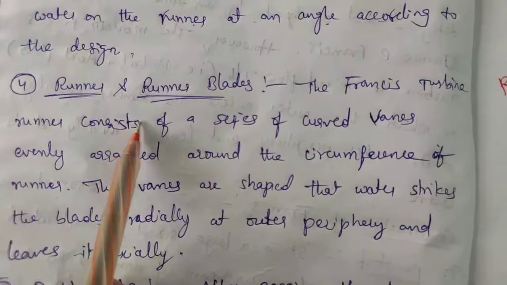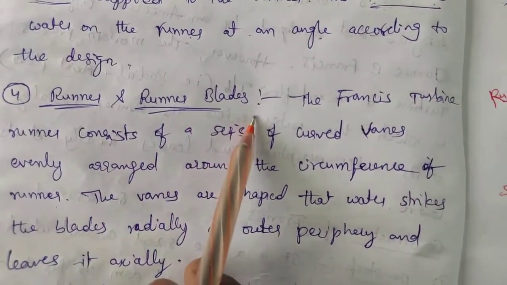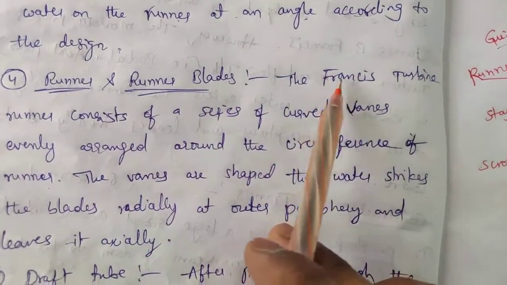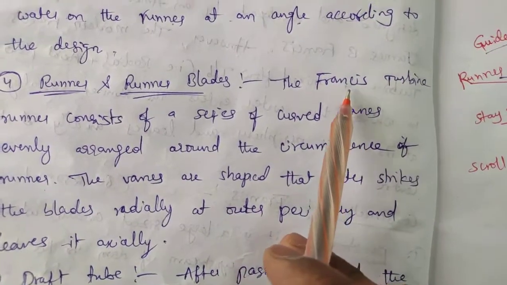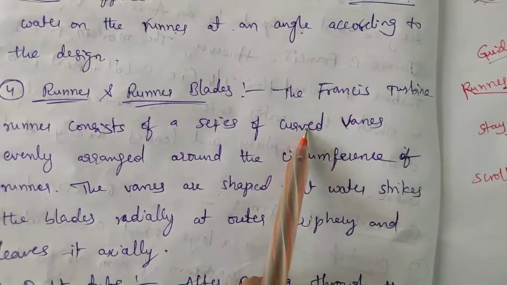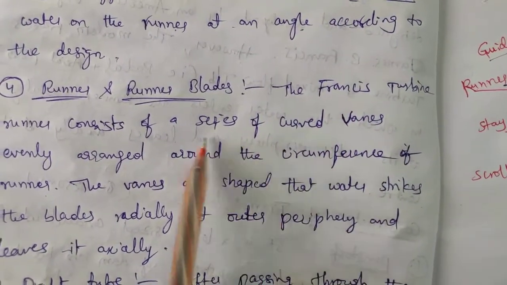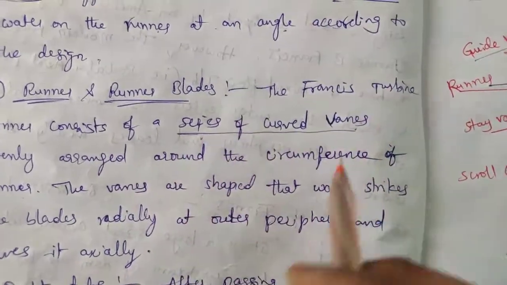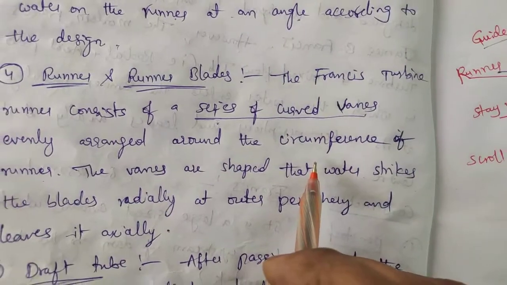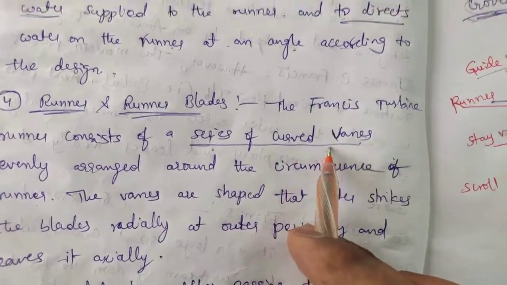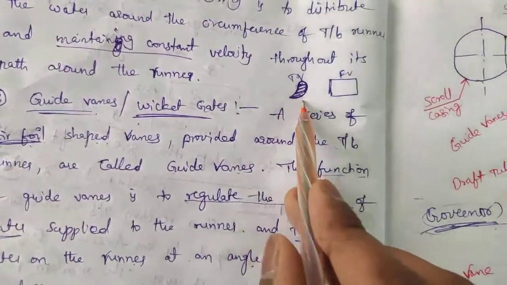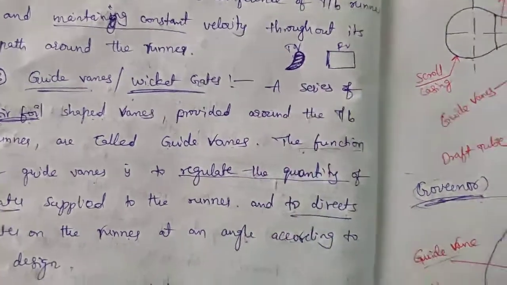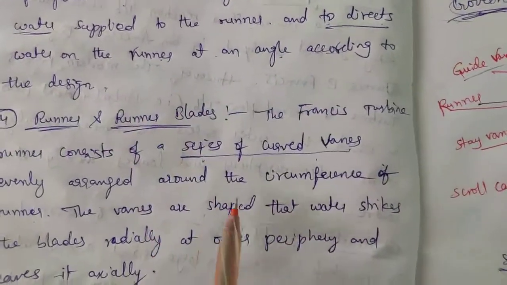Another part of the construction is the runner and runner blades. The runner is circular in shape having a number of curved vanes. These curved vanes are also of aerodynamic shape, like this.